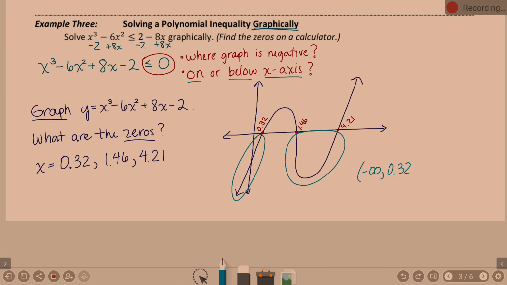At that 0.32 number, my y value is 0. So we're going to use a bracket. And then the other section was also below the x-axis, from 1.46 to 4.21. Basically, on this particular problem, they're all brackets, because all those places touch the x-axis, and it said less than or equal to.